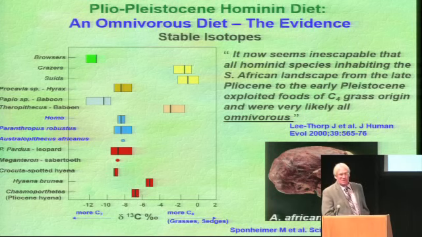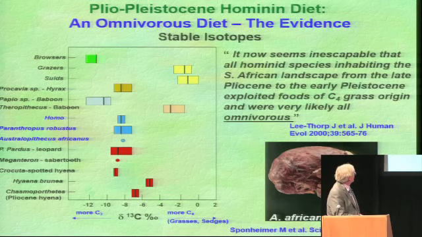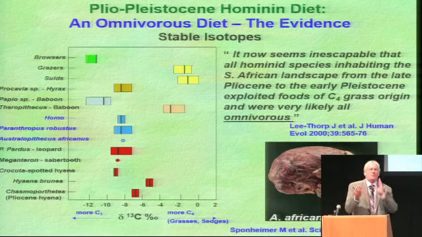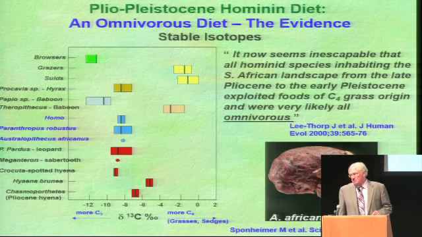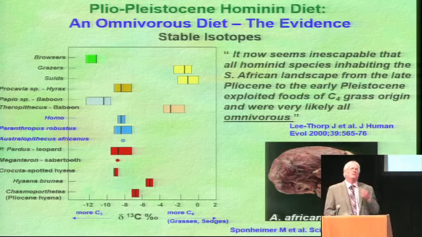Now what I want you to look at is the signature of an obligate carnivore. Here's a leopard right here, and here's an extinct saber-toothed cat. Notice that they have a mixed signal. And the reason is, they don't eat any plant foods at all.